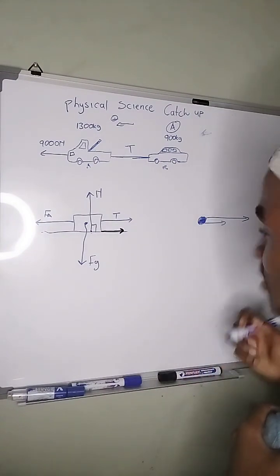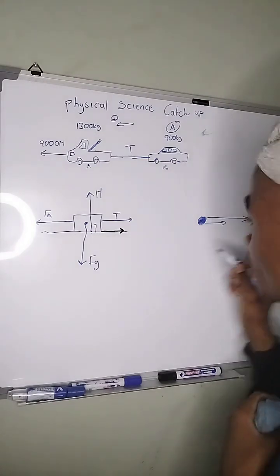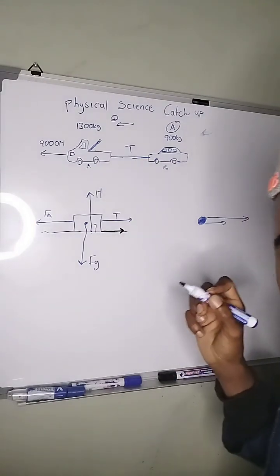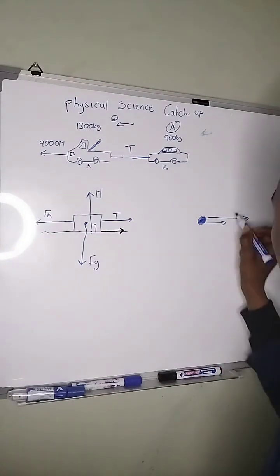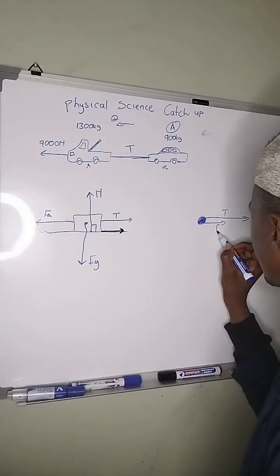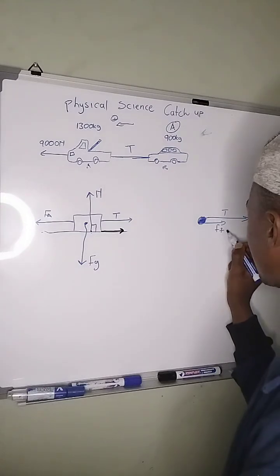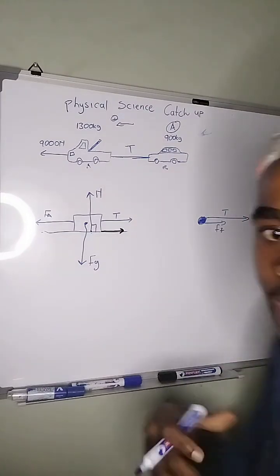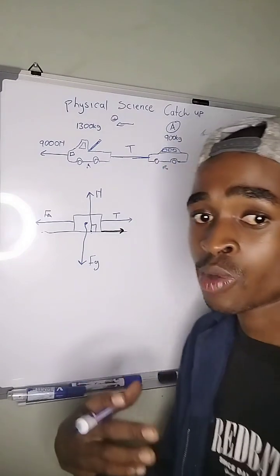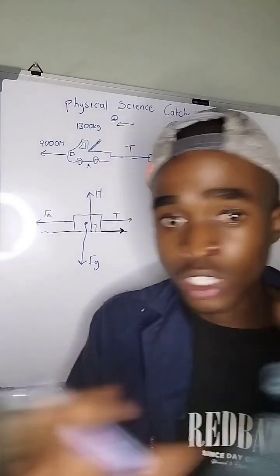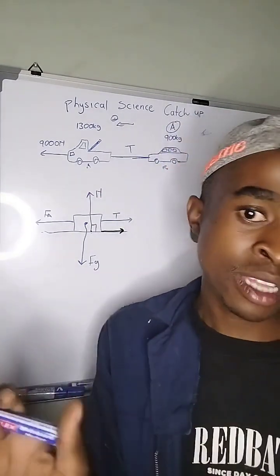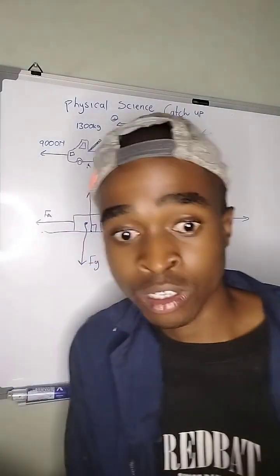So now we are going to have this one being the tension, and this one being the friction. It can be FK, it depends on the object, whether it's moving or not moving.